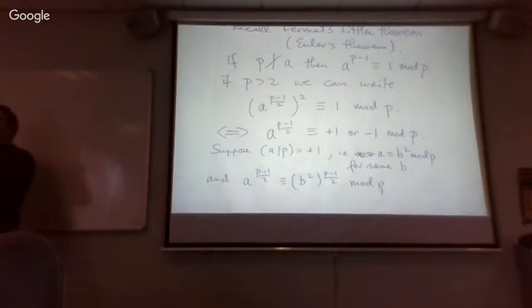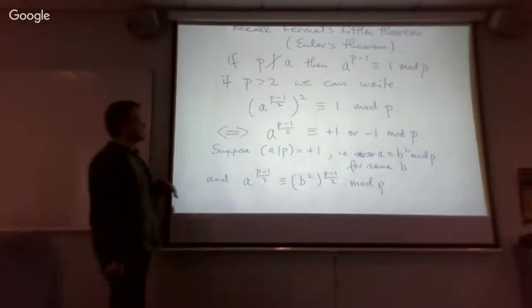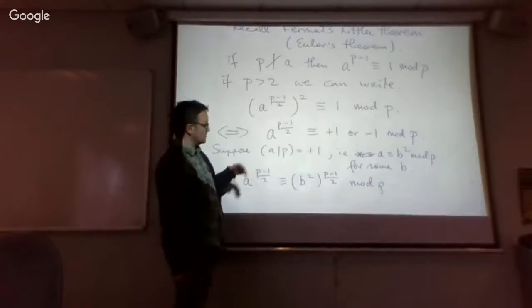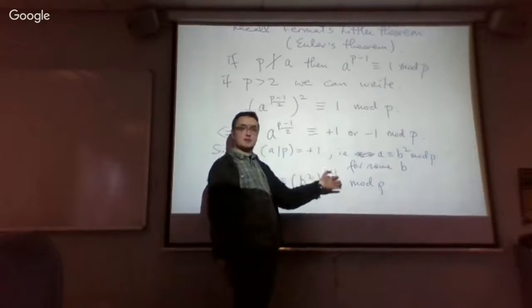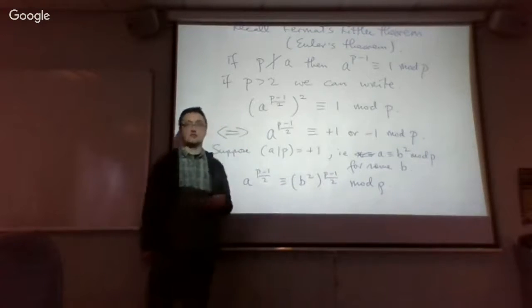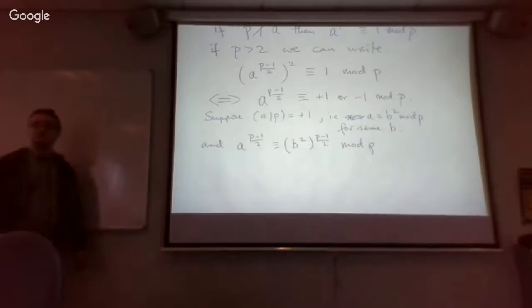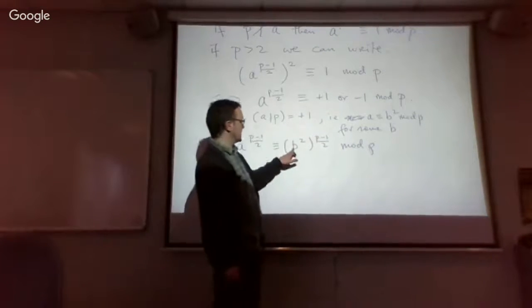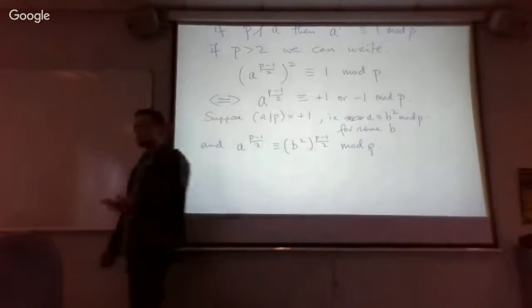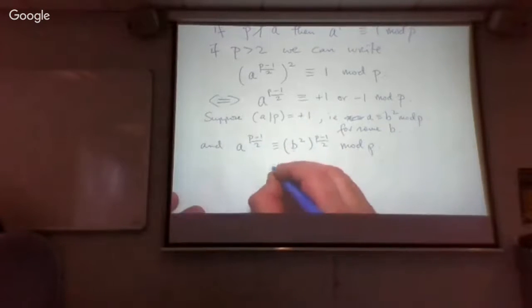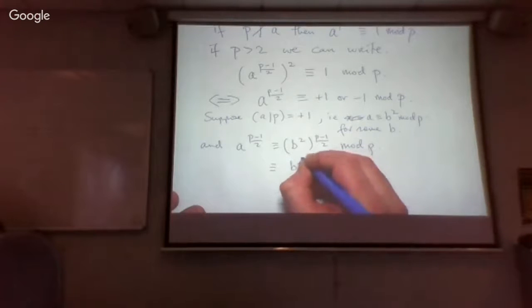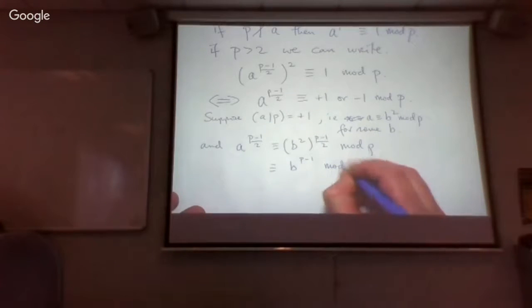So simply substituting b squared for a, a to the power of p minus 1 over 2 is congruent to b squared to the power of p minus 1 over 2. But of course, the 2's will cancel. That's just exactly b to the power p minus 1 modulo p.